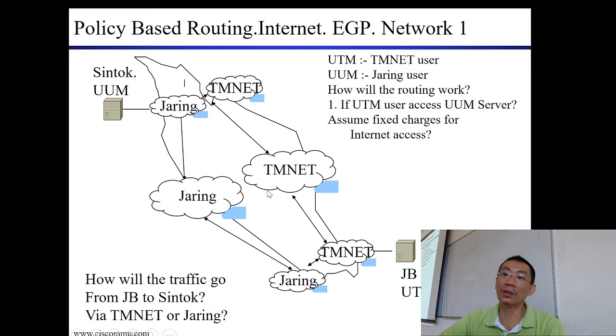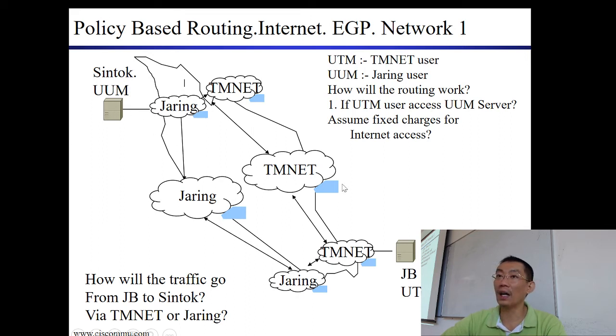Let's say I need your attention now. In the internet, you have two service providers. The user from UTM subscribes to TMNet, and UUM subscribes to Jaring. Assume a UTM user is going to access a UUM server.